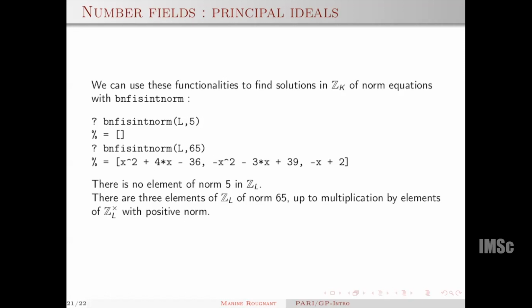You can also ask, because these are of norm 65 up to multiplication by elements of positive norm, you have several flags that allow you to give more precision about the kind of ideal you want to have at the end. So just have a look at the documentation if you want to know more.